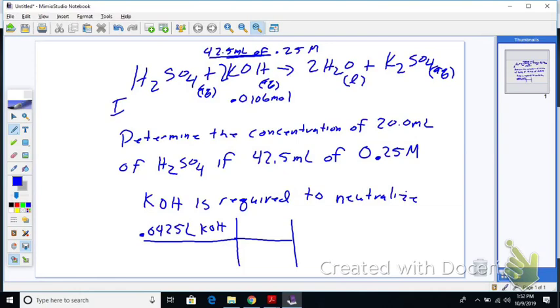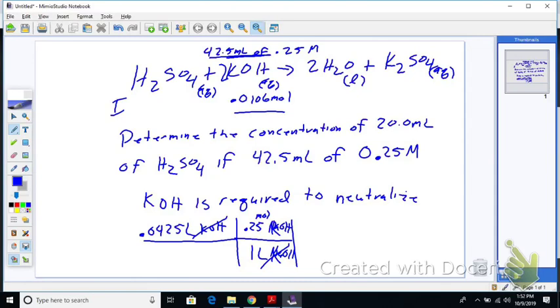So that's what I do on the first step. So down here, when I do the liters, I'm going to put for every 1 liter, I have 0.25 moles of KOH. And this is liters of KOH. So the KOH cancels and I got moles. So now I have moles, and that's what the value is right here.